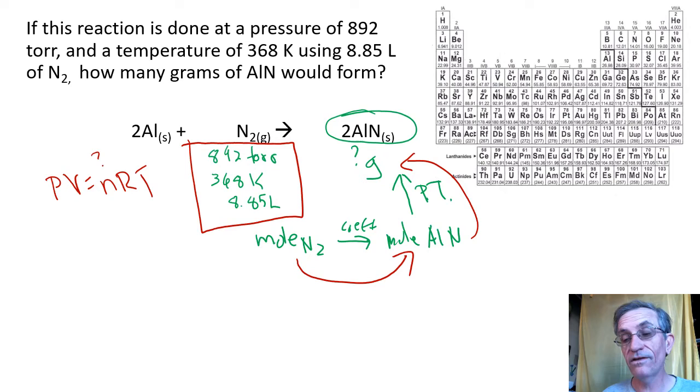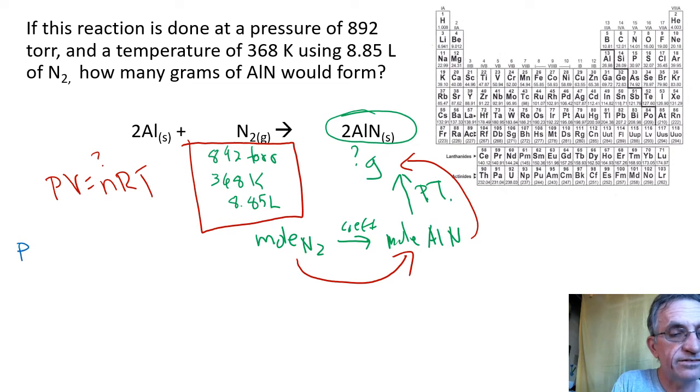And then once we get to moles of that, we'll go to grams. All right, so the first thing we need to do in this example, we're actually going to have to use PV equals nRT first to solve for moles of our gas, moles of nitrogen. All right, let's go ahead and do it. Gosh, I probably need a little more room here. Well, we'll try to make it work. So to do PV equals nRT, maybe I'll make a list this time.